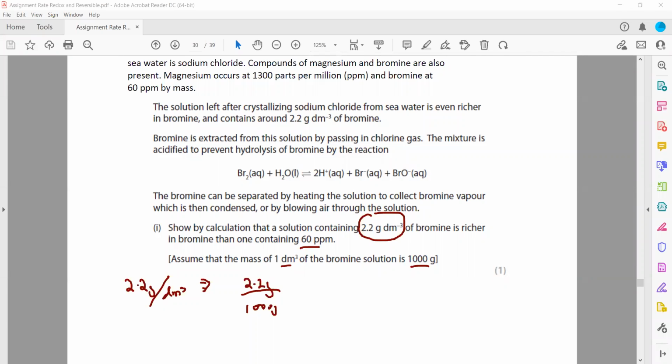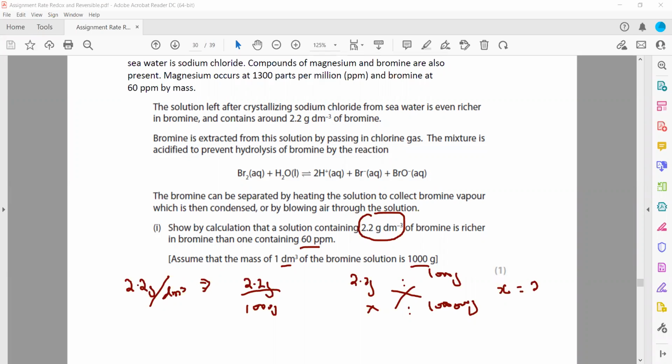And when we work out this concentration in parts per million, we have 2.2 gram per 1000 gram. If we want to convert this into 1 million, in 1 million gram, how much bromine will there be, or what is the mass of bromine X? Cross multiply.